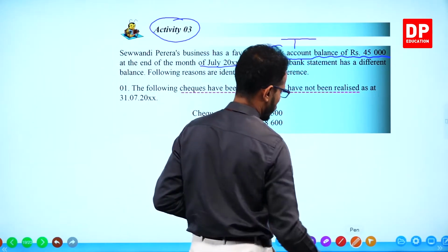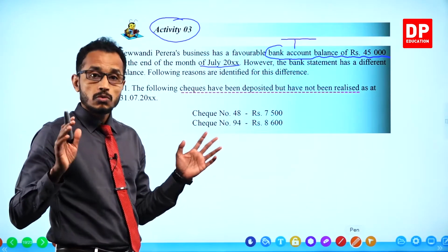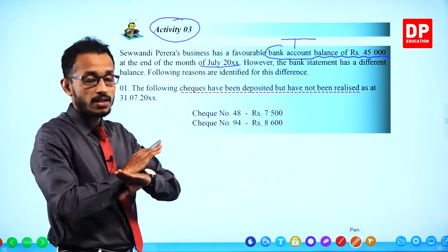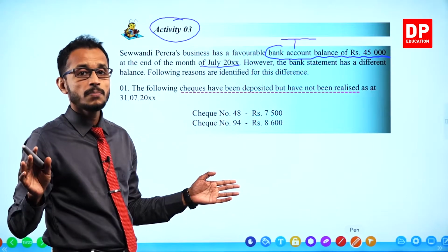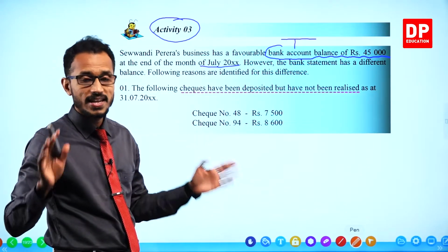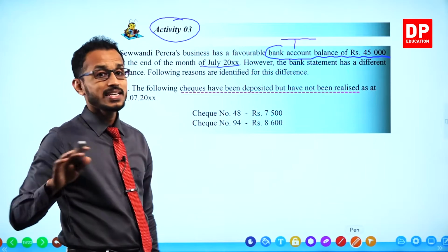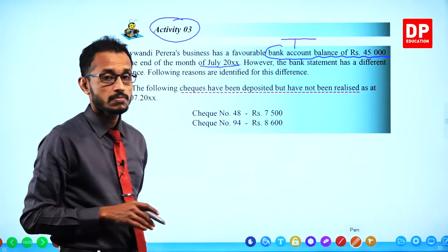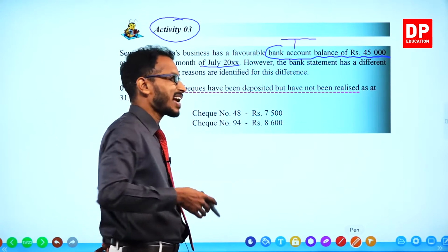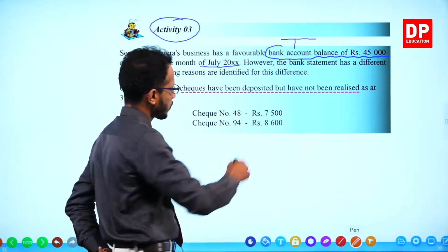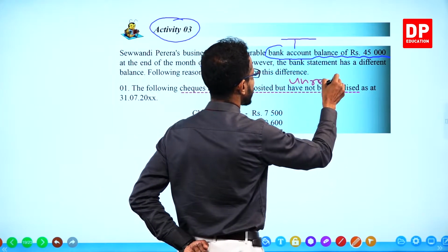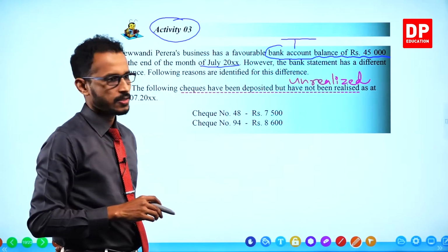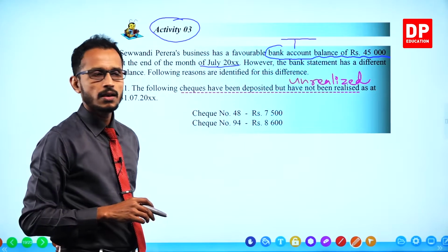All right, unrealized. We had a long descriptive explanation about unrealized checks in several places, so I'm not going to say what unrealized checks are here. I'm just going to write unrealized checks.